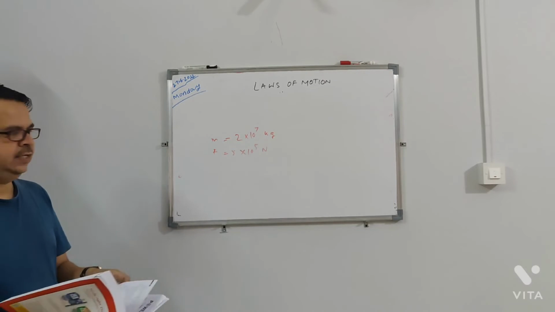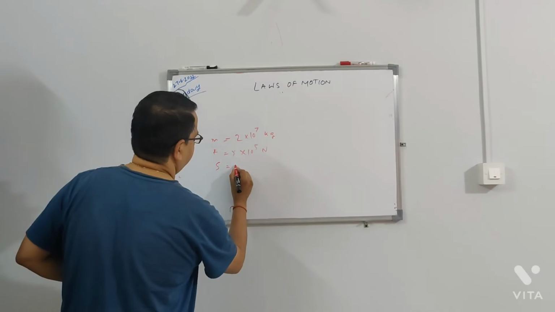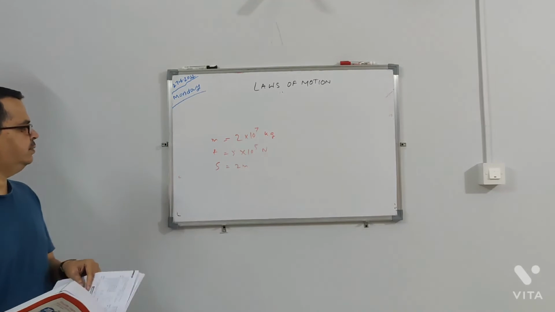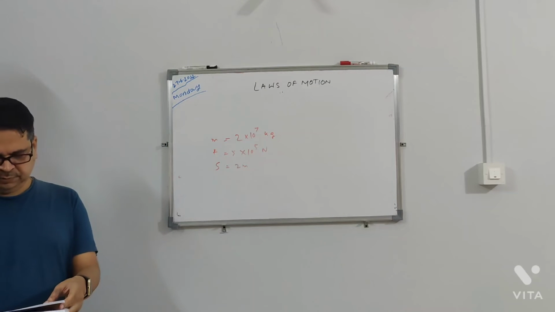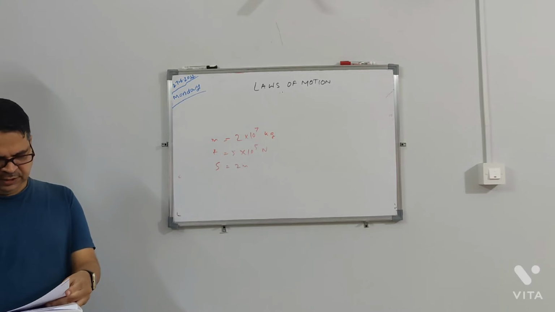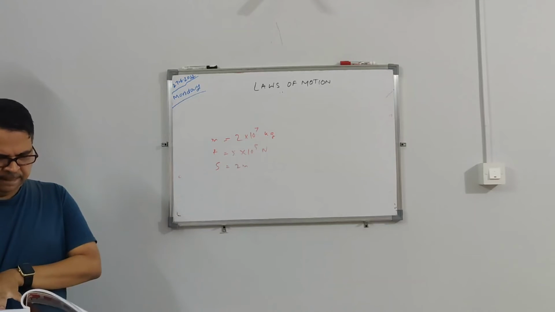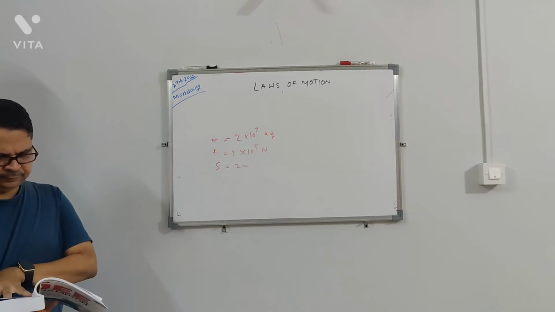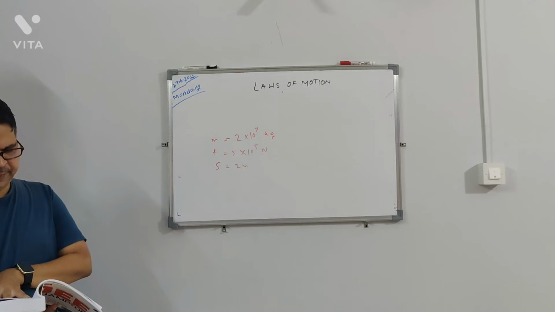So force is given, mass is given, and distance is given. With all these things, you have to find out the speed of the ship.